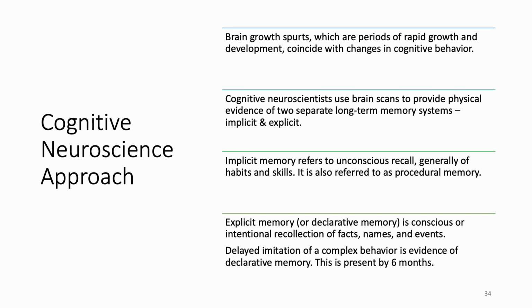Implicit memory refers to unconscious recall, generally of habits and skills. It is also referred to as procedural memory. Explicit memory, or declarative memory, is conscious or intentional recollection of facts, names, and events. Delayed imitation of complex behavior is evidence of declarative memory. This is present by 6 months.